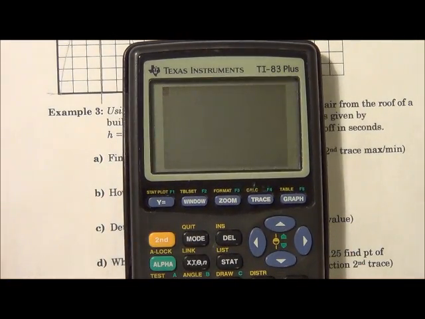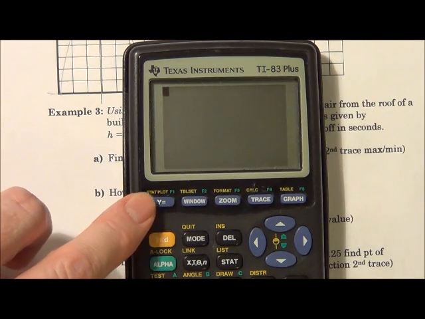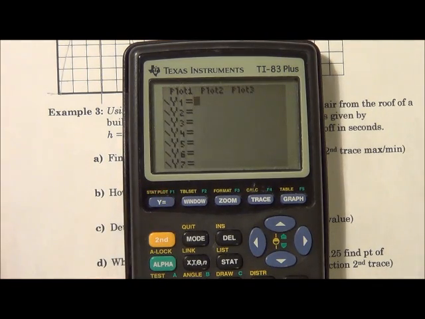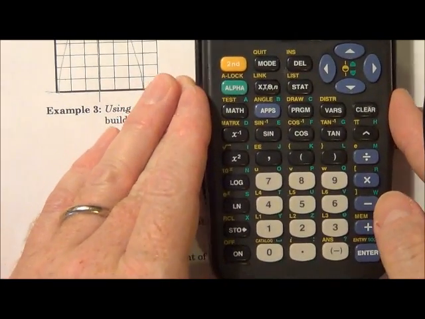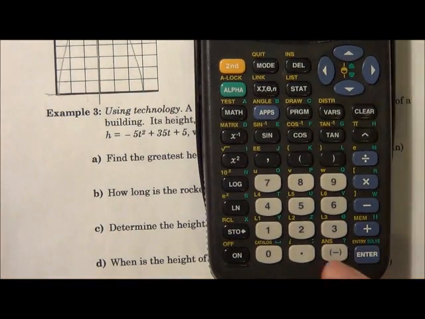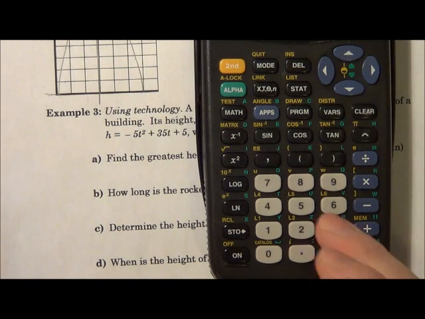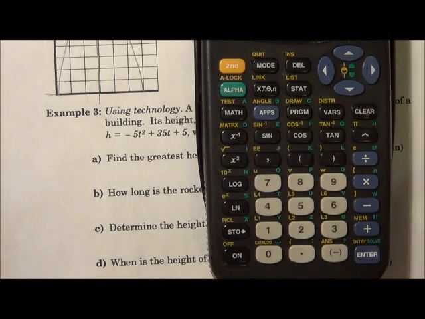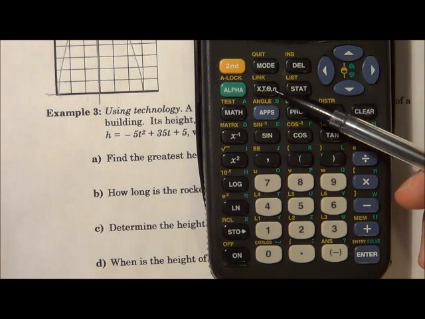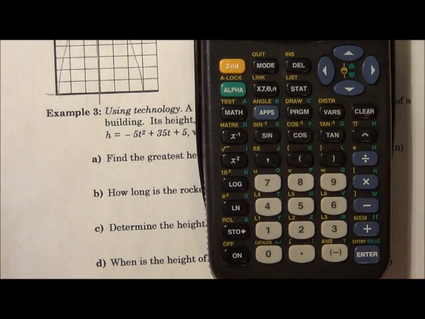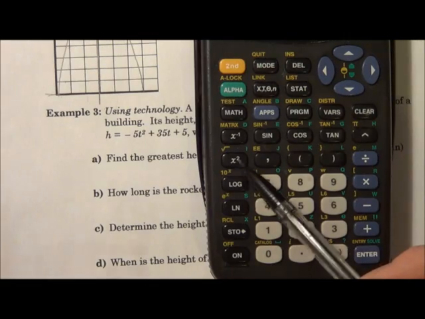First of all, sorry, I should say that from the main screen, which is just a clear screen, we would press y equals, and then we get the list of equations that we could put in. Then we'll put in negative 5, and for t we'll just use x, with this button up here, the X,T,theta,n button. So we do x, and then the squared button here.